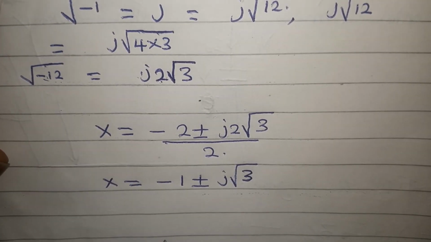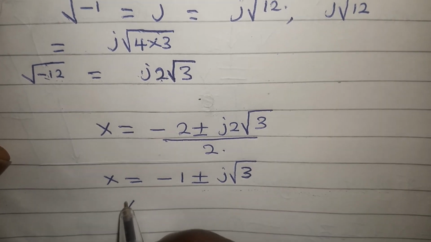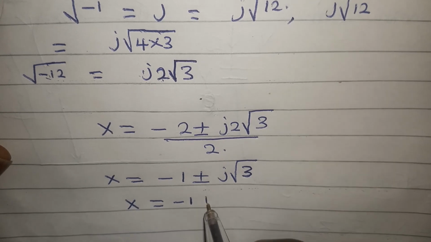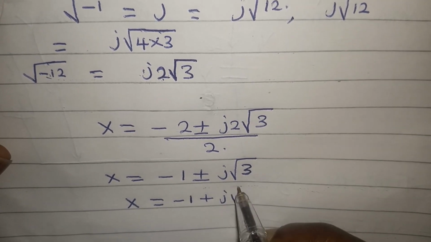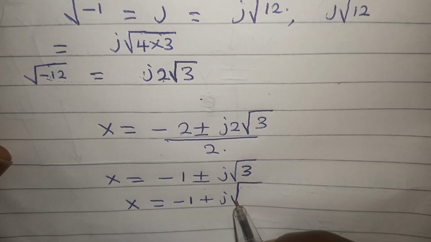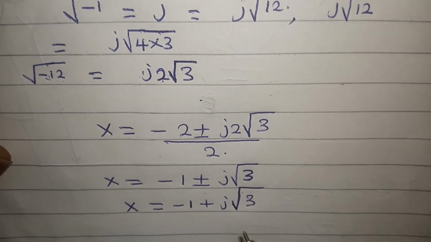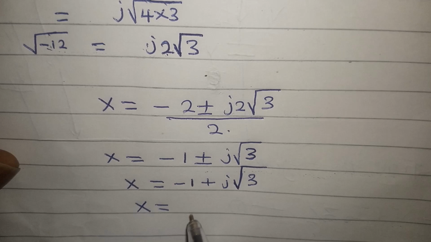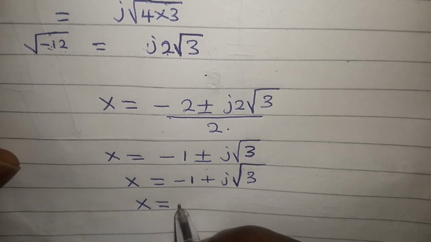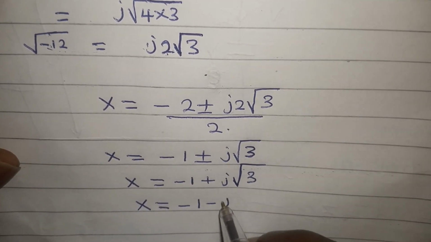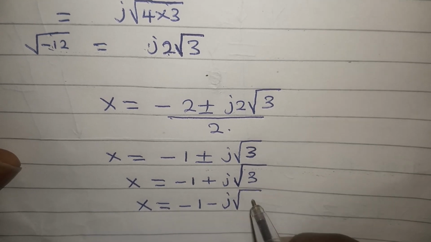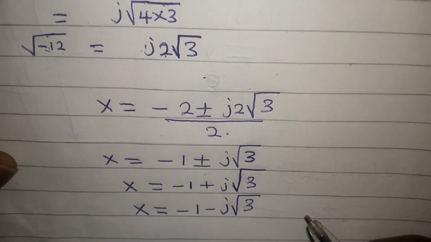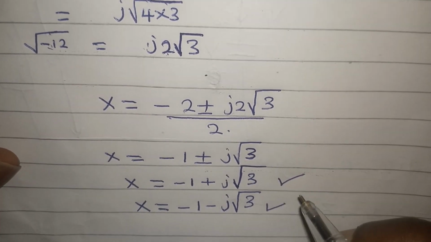So you can see that we are having two values here. We can see our x is equal to minus 1 plus j root 3, and x is equal to minus 1 minus j root 3.